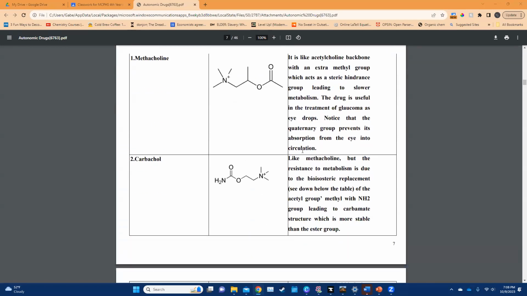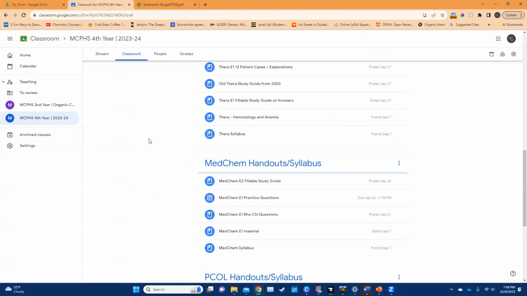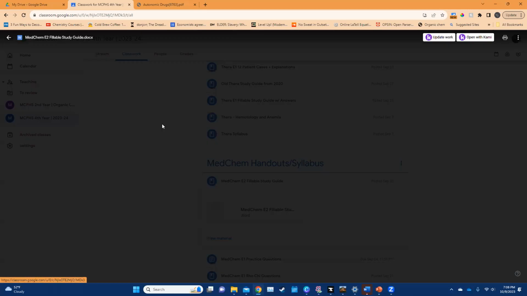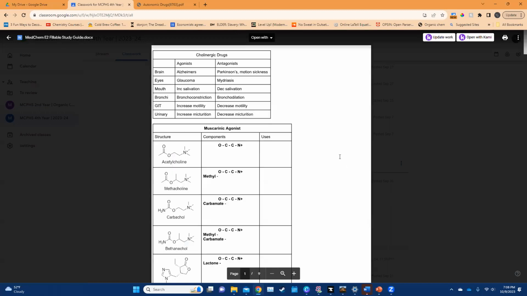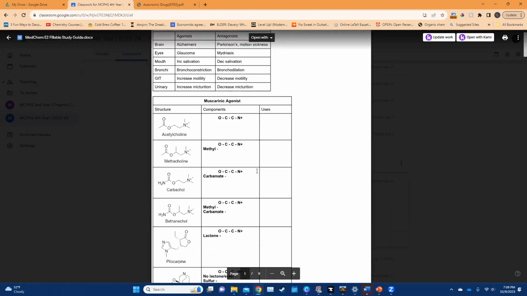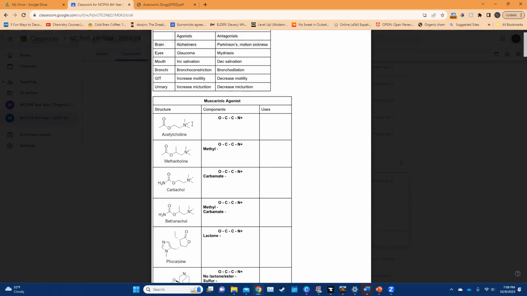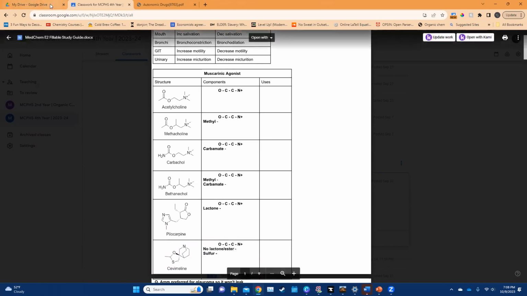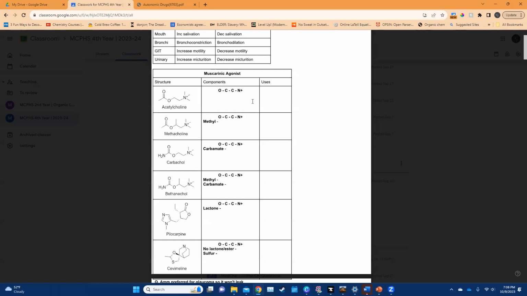So before we dive in, what I really want to show you is this study guide that I put up that is going to be really, really helpful for you going through the different drugs. The way that I've set it up is that you have all the different drugs and the way that you can memorize them.